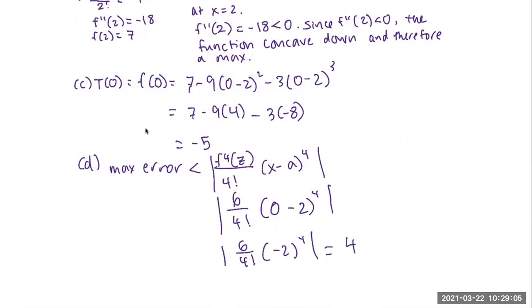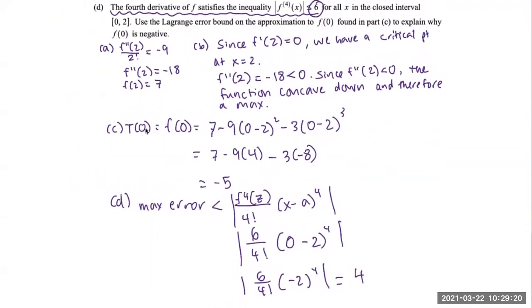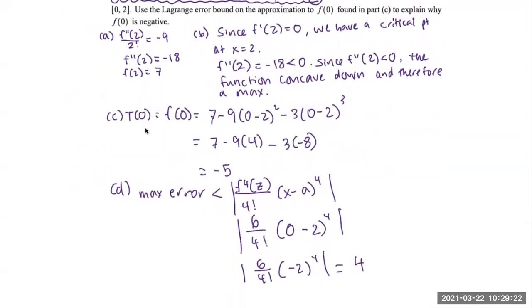When you think back to that one activity that we did where we were approximating the sine of x function, and then we came up with the series, and then we came up with the error, and we kept subtracting the two. The very last part of this question asked: use the Lagrange error bound on the approximation to f of 0 found in part C to explain why f of 0 must be negative.